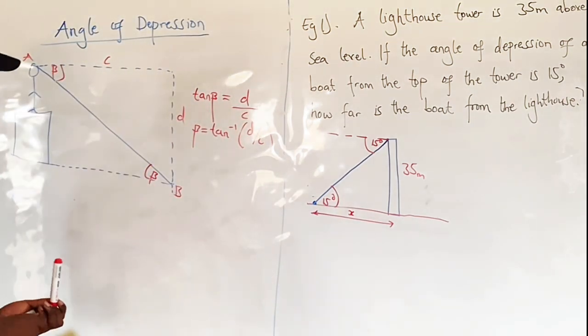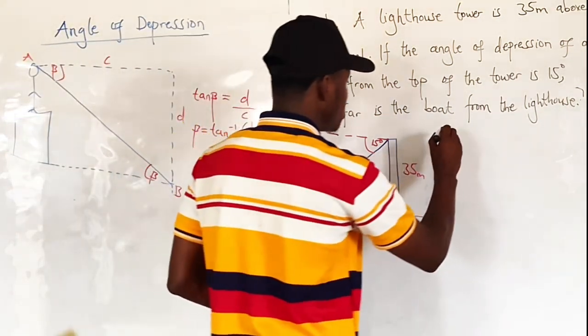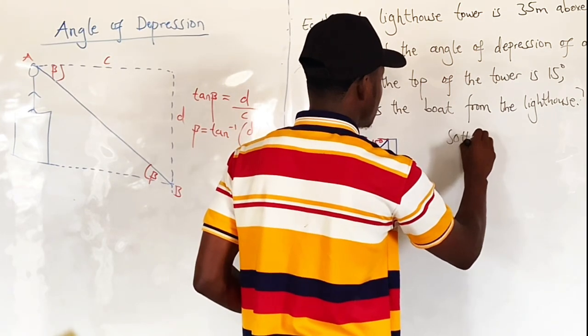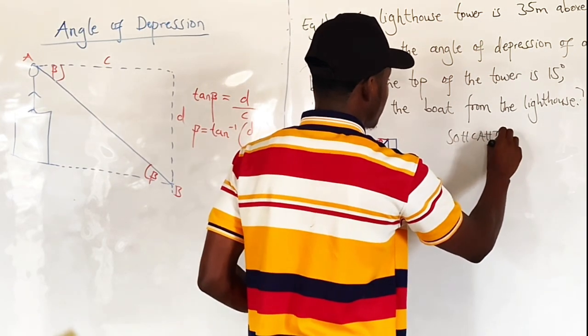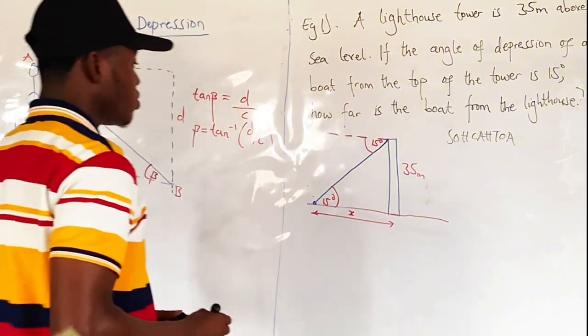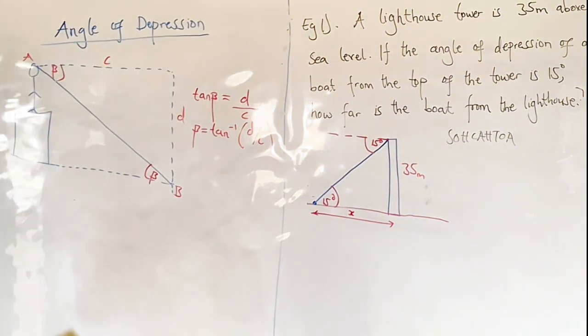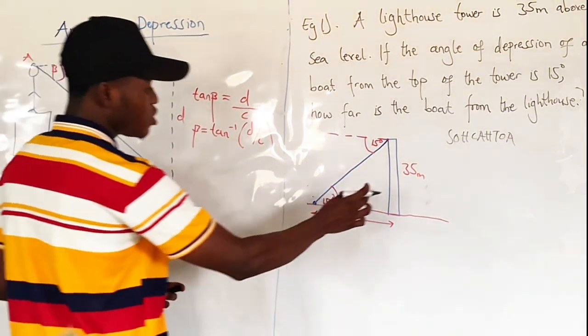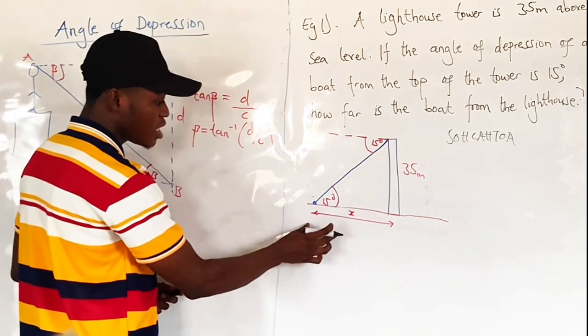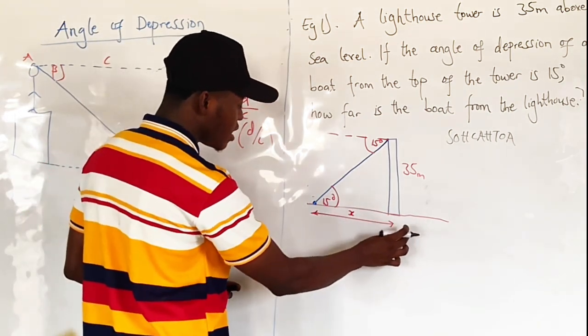Now, to find the distance x, from SOHCAHTOA, the appropriate trigonometric ratio that relates 35, which is the opposite, to x, which is the adjacent, will be tan.